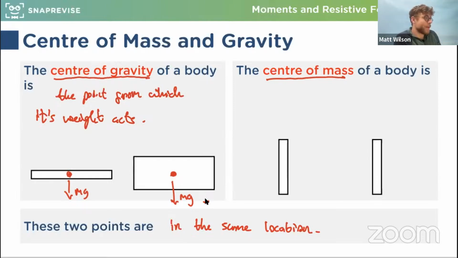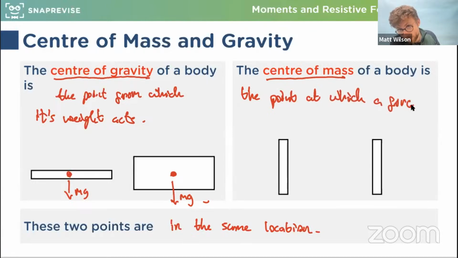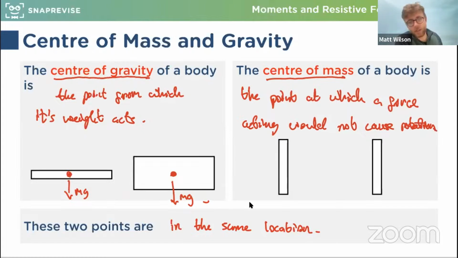Then there's the center of mass. The center of mass is the point at which a force acting would not cause rotation. Okay, cool. So what's happening here? Here are two examples of the same rod, and I'm going to put the same force, but in different places.